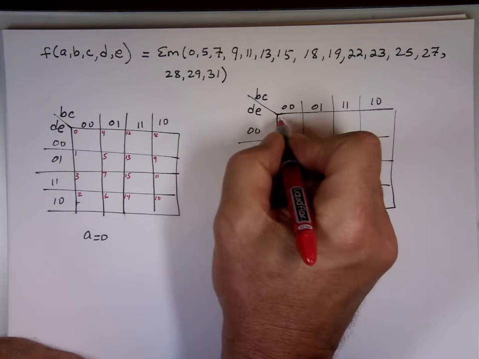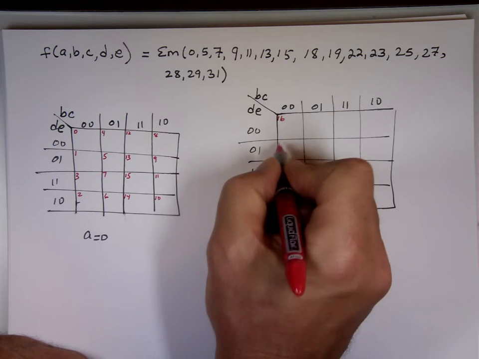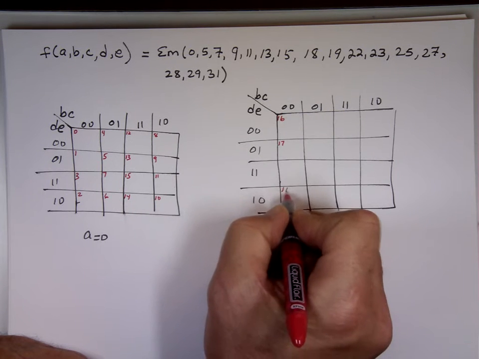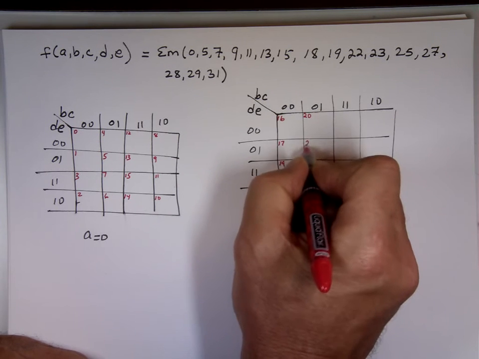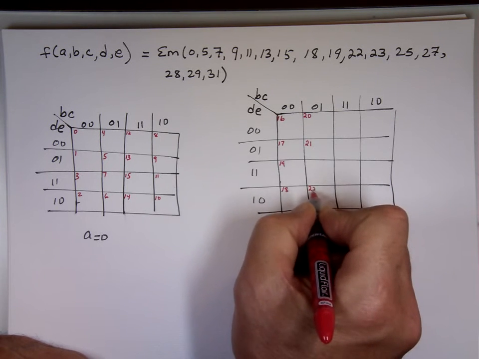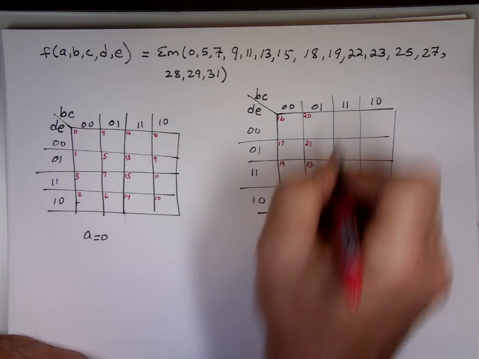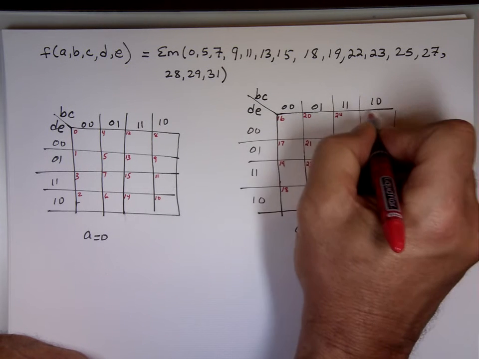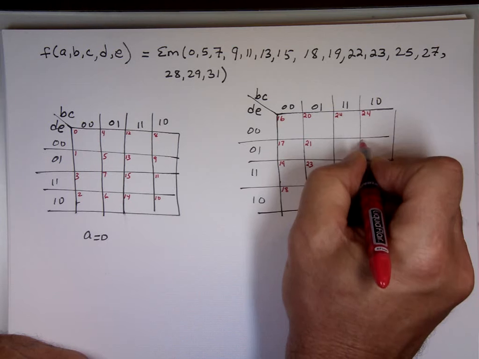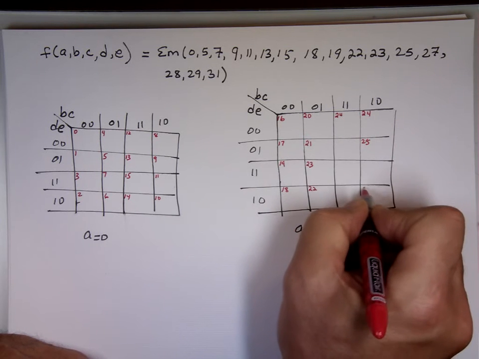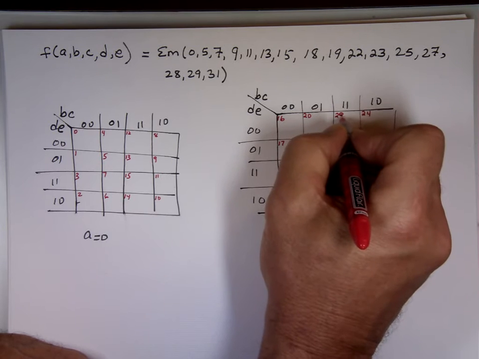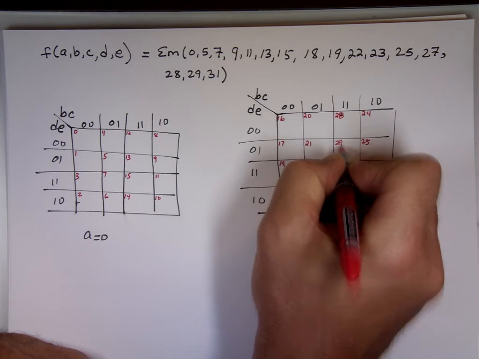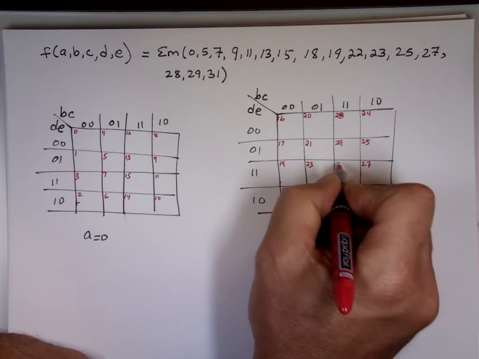On this side, this will be the 16, 17, 18, 19, 20, 21, 22, 23, 24, 25, 26, 27, 28, 29, 30, and 31.